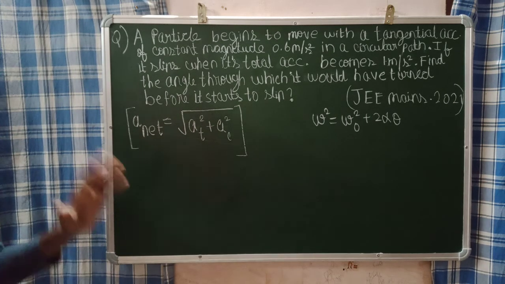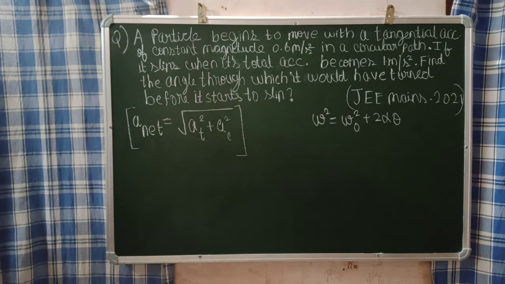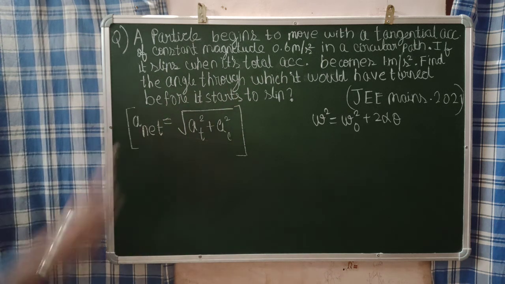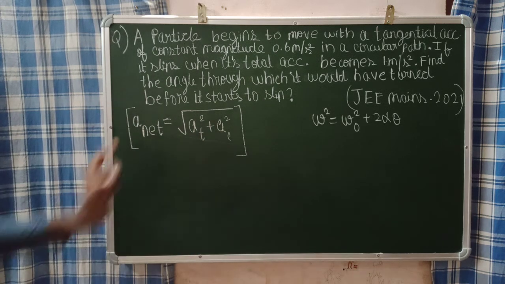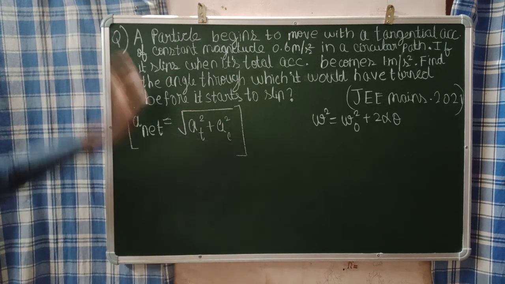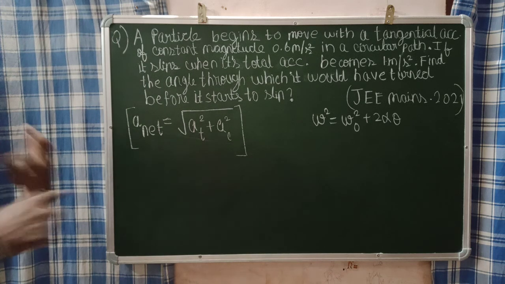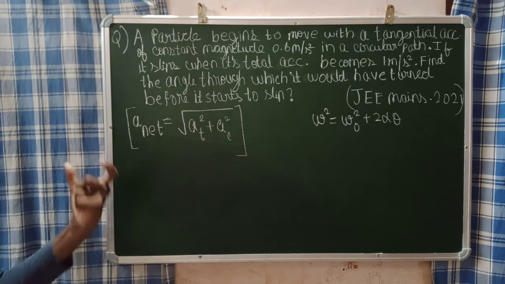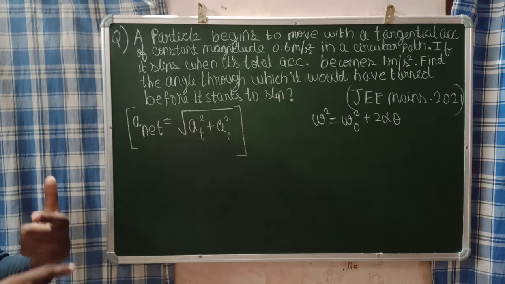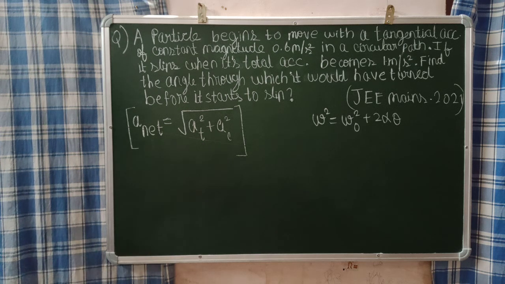Now guys, tell me one thing. In this question, your omega naught is 0. From the question itself, I will say that your initial angular velocity omega naught is 0, because they clearly state that a particle begins to move. Try to read the question fully. You can find that at the instant the particle starts, the angular velocity will be 0.